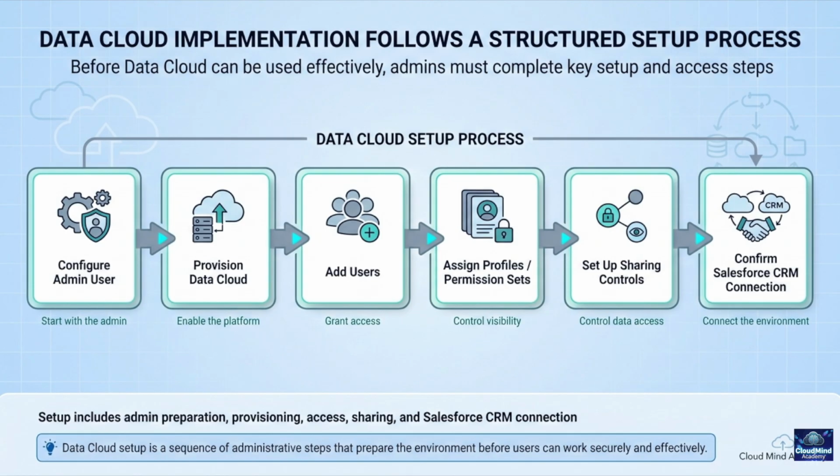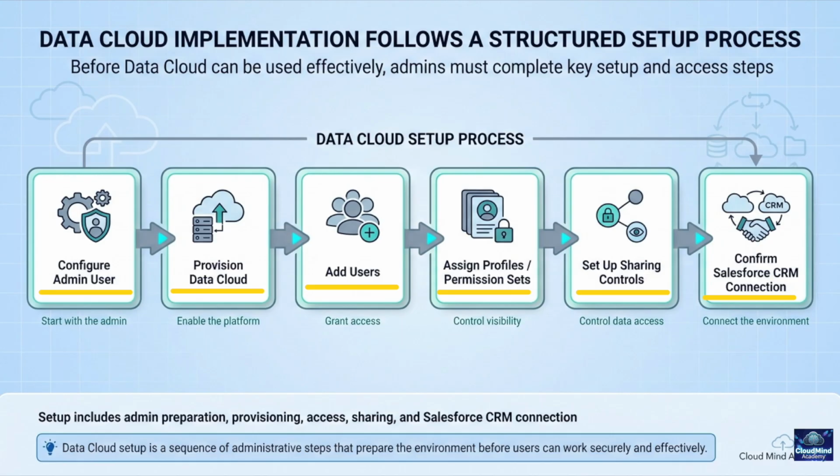Now, let's look at the initial setup sequence more closely. The first stage of Data 360 setup includes several important administrative steps. These include configuring the admin user, provisioning the Data 360 platform, adding new users, assigning profiles or permission sets, setting up sharing rules, and connecting Data 360 to Salesforce clouds.